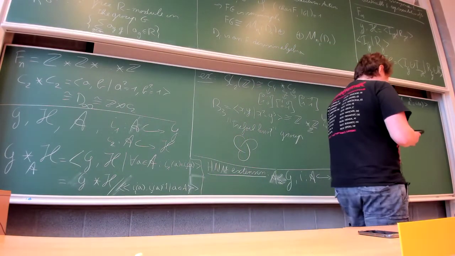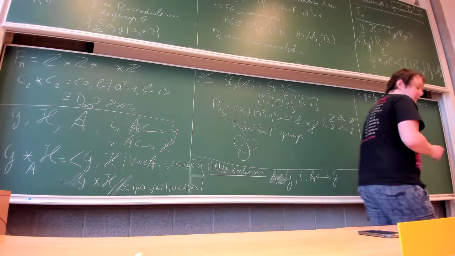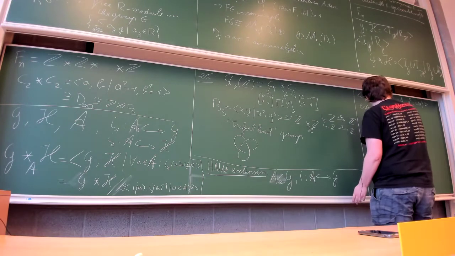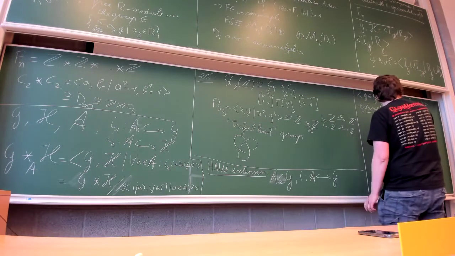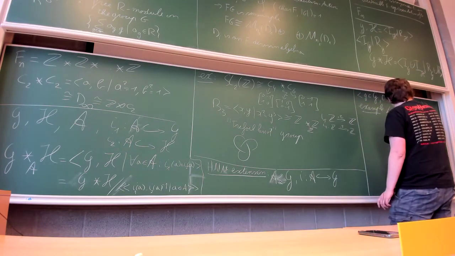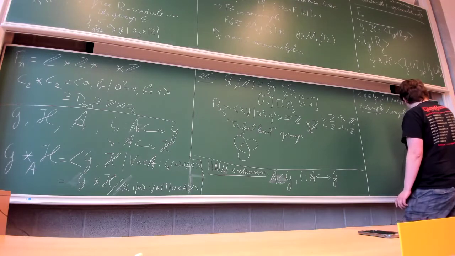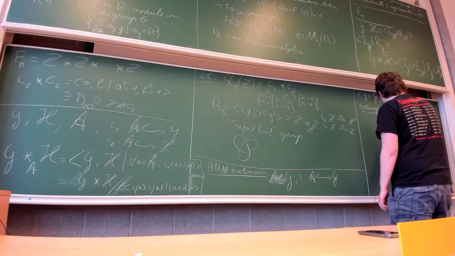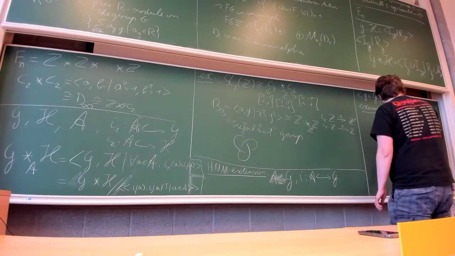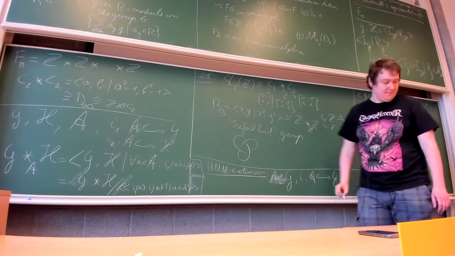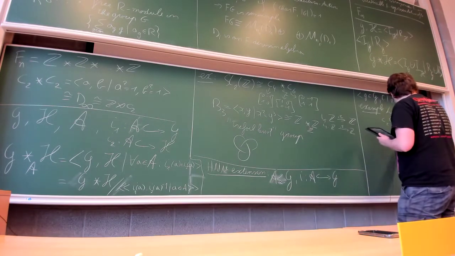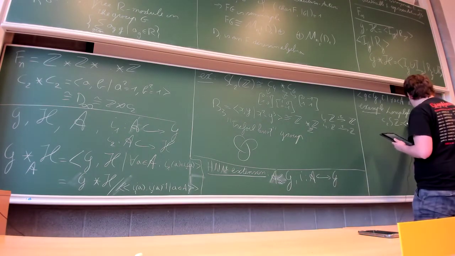Maybe an example: the Lamplighter Group. So the Lamplighter Group is the wreath product of C2 and Z. It has the following definition.